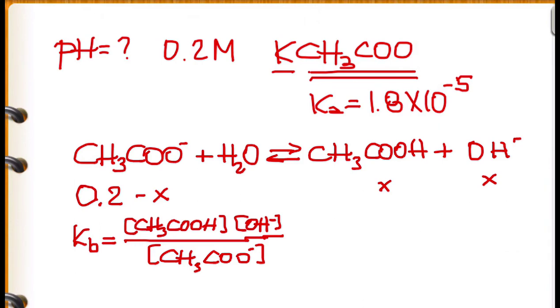Now the question is that we have Ka and we have here Kb. So we know also that Kw equals Ka times Kb, right?